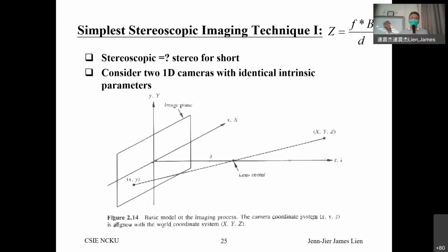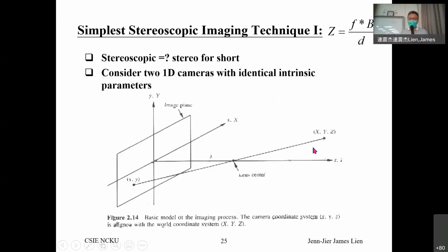You see the point X, Y, Z, and after rotation and translation, you use the intrinsic parameters to project it to the image plane in 2D, UV or XY. So the XY component corresponding to the 3D point is based on the intrinsic parameters. The more important thing is the intrinsic parameters.